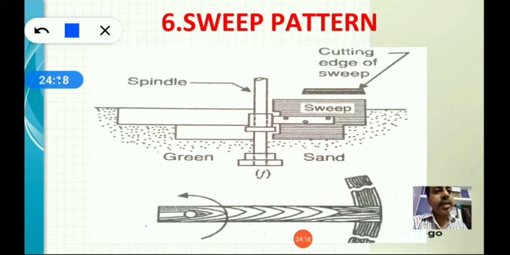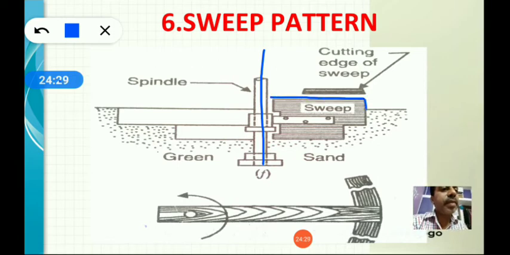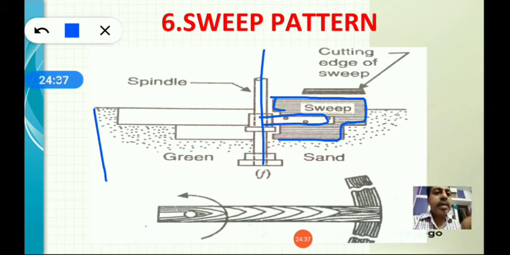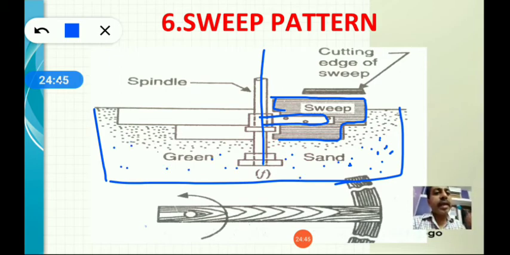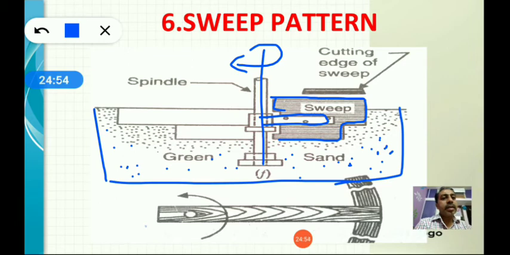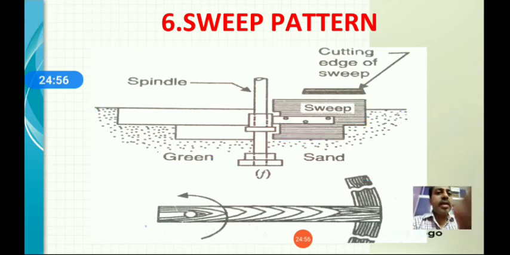Okay, so as we saw in the previous slide, this is the spindle or central axis, and it is connected with the sweep board or sweep pattern. This is our sweep pattern. Okay, and it is connected with the central axis, and this is our flask. Our flask is filled up with the sand, and we have to apply some ramming pressure, and then rotate it 360 degrees, so that the cavity is produced.